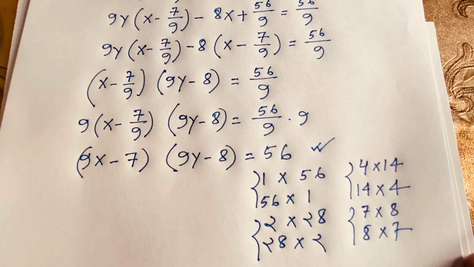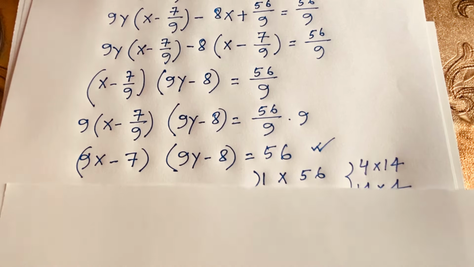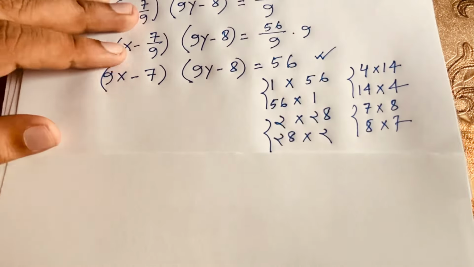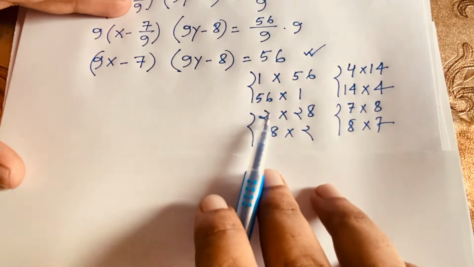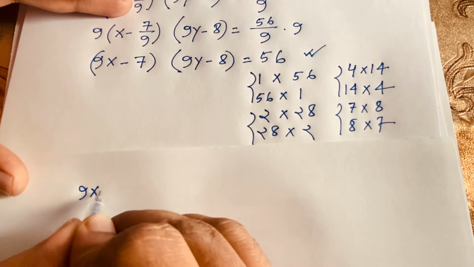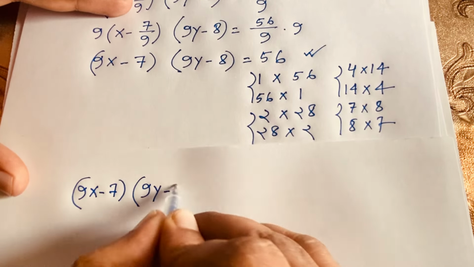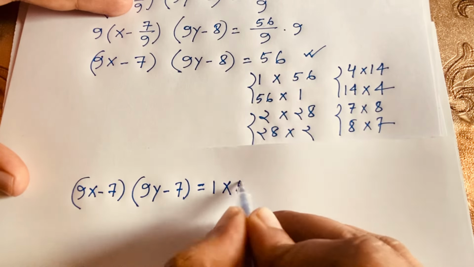So let's start. I can see easily here is 1 case, 2 case, 3 case, 4 case. Okay, so at this moment I can see easily, look, first of all, if I take this factor, so it will be 9x minus 7 times 9y minus 8 is equal to 1 times 56.